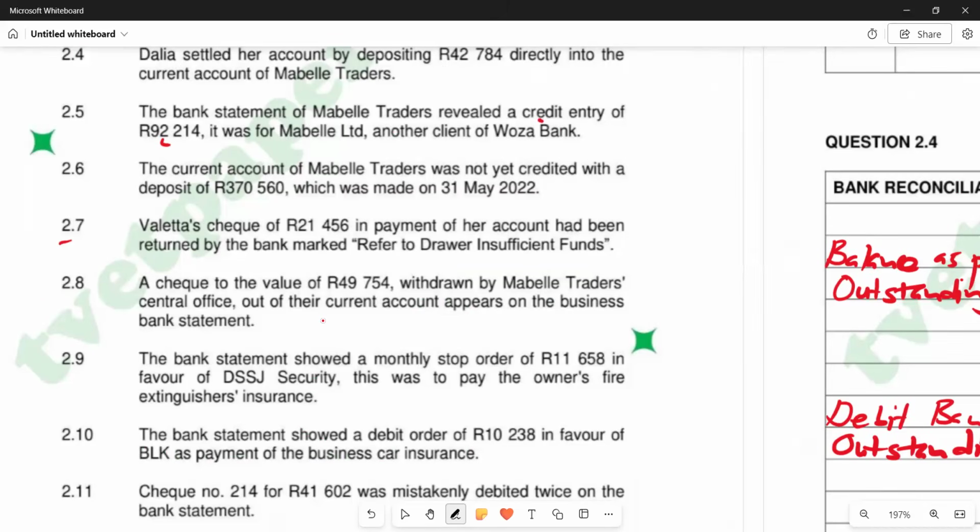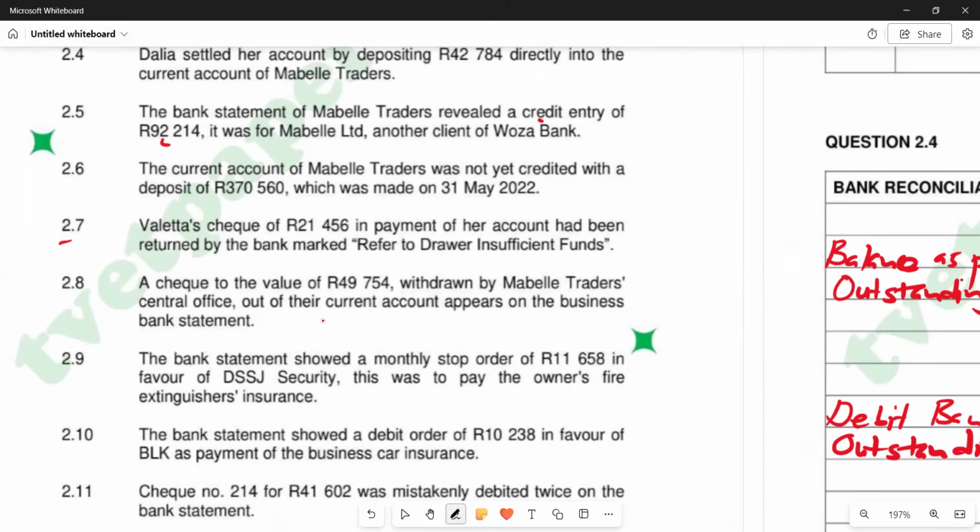A dishonored check, we don't include it in a bank reconciliation because it was dishonored. It will never reach the bank, so we ignore it. We leave it. We go to the next one. So it means this check is only going to be adjusted in the journals. As soon as the check is drawn, it is updated in the journals, so whatever is going to happen along the way, it will already be in the journal. So this is what we have.